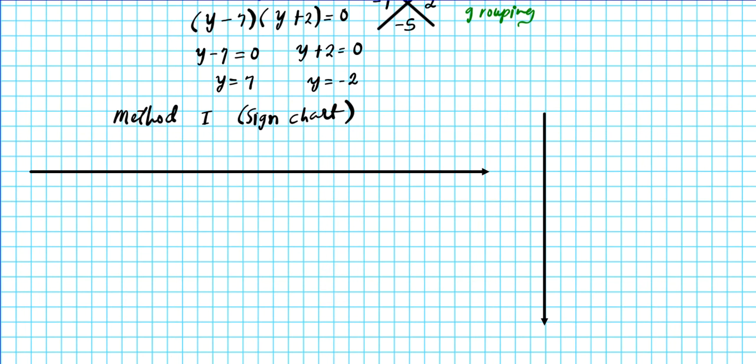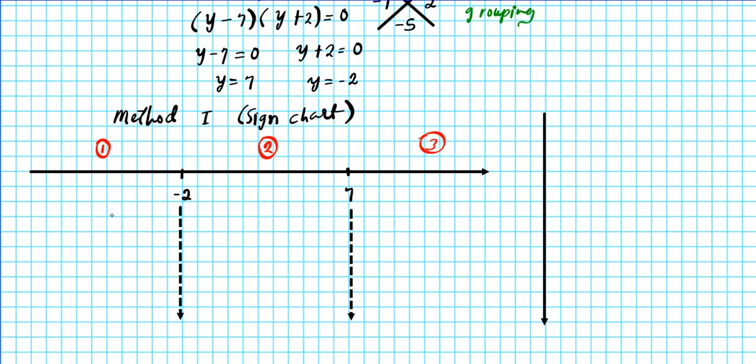Our critical values in ascending order are -2 and 7. This enables me to divide my regions into 3 intervals. Interval 1 is to the left, interval 2 is in between, and interval 3 to the right.